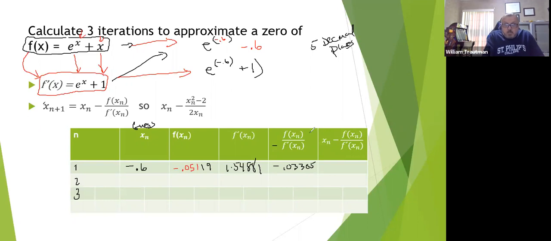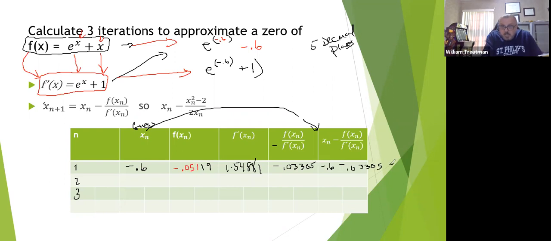I take my original xn, negative 0.6, and I subtract this negative 0.03305.